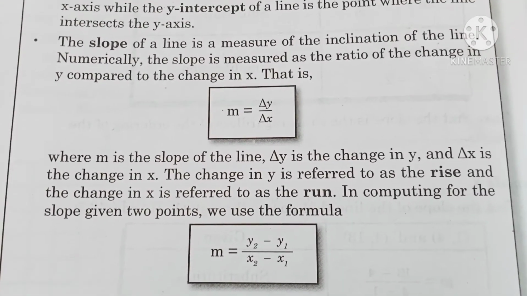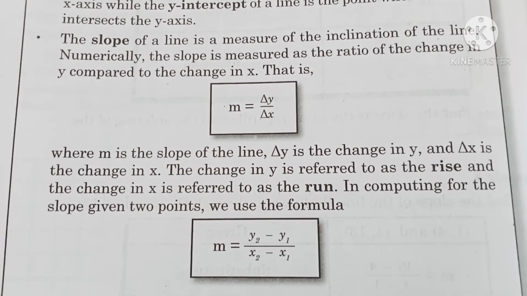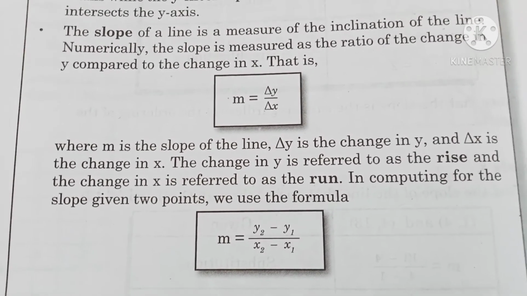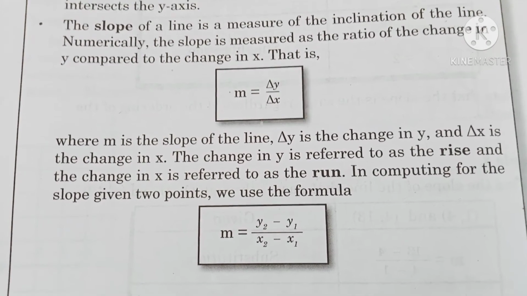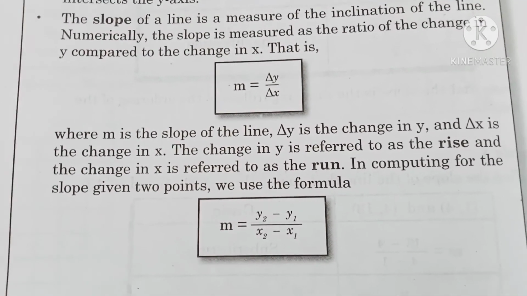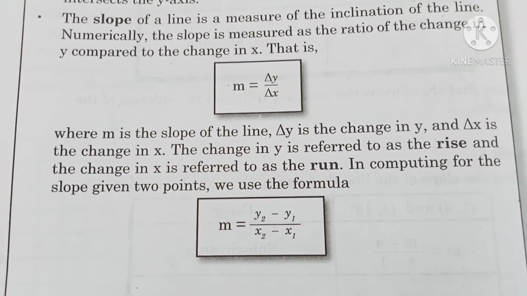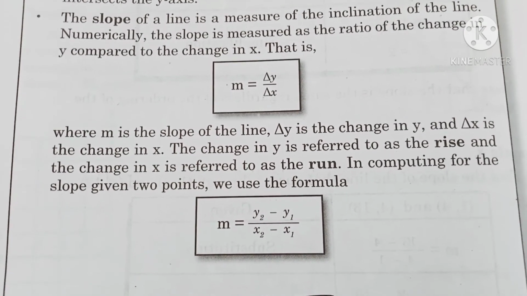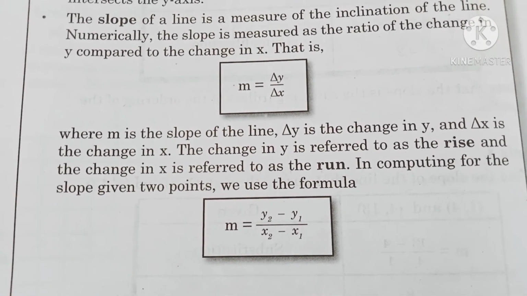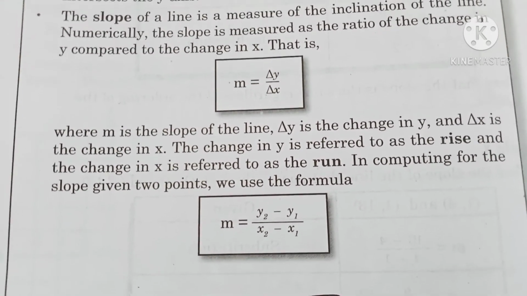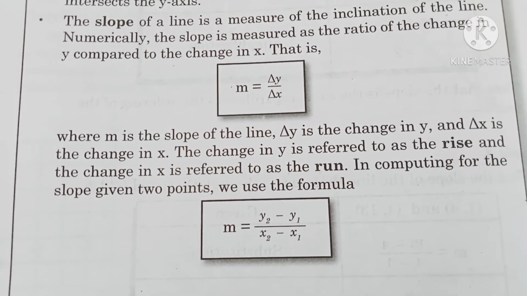M is equal to the change in y all over the change in x, where m is the slope of the line. Change in y, okay, yung symbol na yun is the change in y, and change in x, no? The change in y is referred to as the rise, and the change in x is referred to as the run. Kaya meron tayong formula na slope is equal to rise over run.